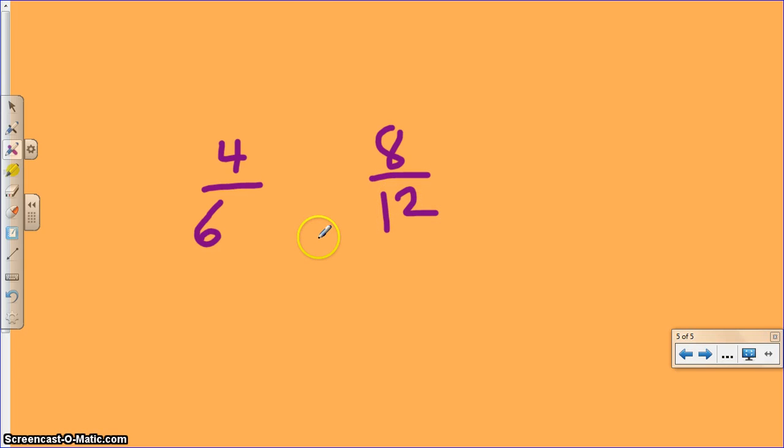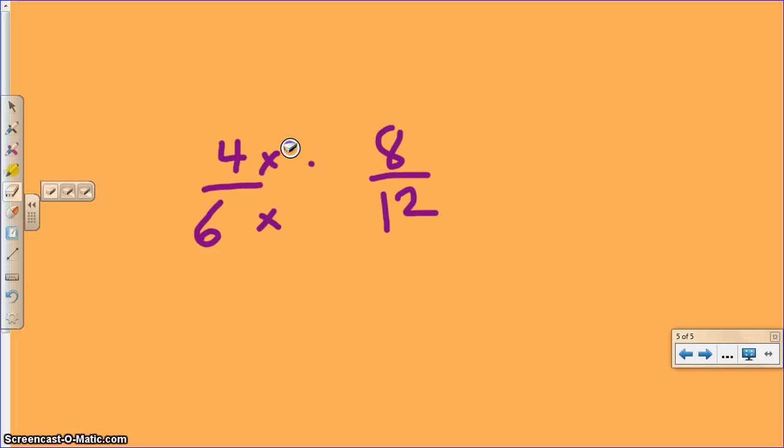I don't have to draw any pictures. I can just say, here's 6. What can I multiply 6 by to get 12? We know 6 times 2 equals 12. So if I multiply my numerator by that same digit, 2, it should equal this. And 4 times 2 does equal 8. So these would be equivalent fractions.